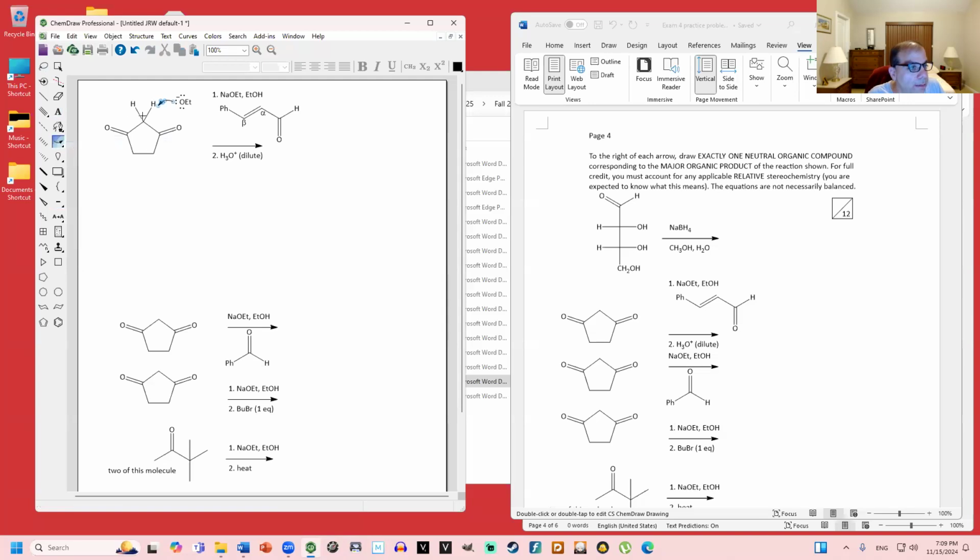So we start by pulling off one of these acidic protons. That gives the enolate. There's the enolate.